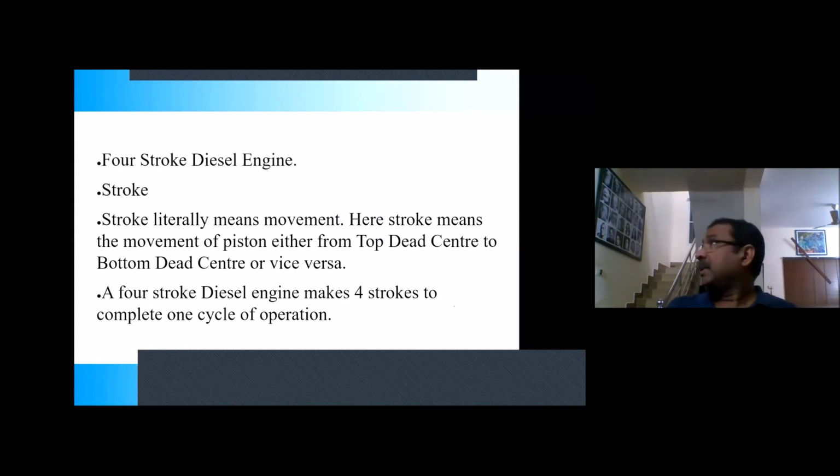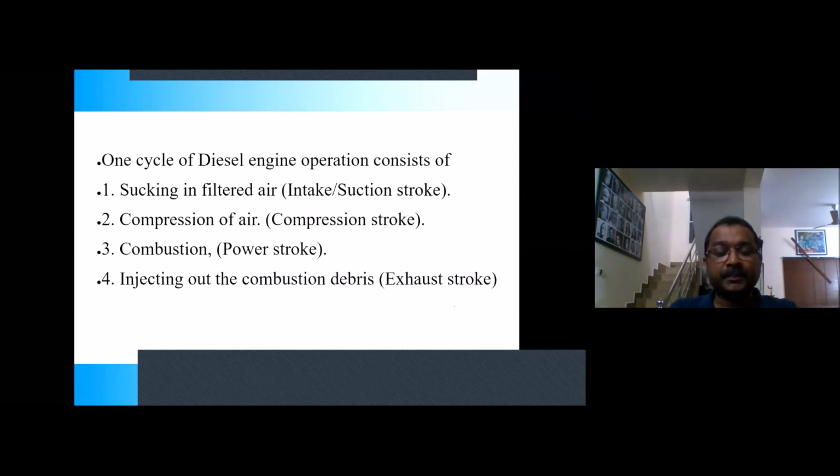So now we will move over to the next slide. TDC and BDC, we defined them. Now let us define what all these are in one cycle of operation.